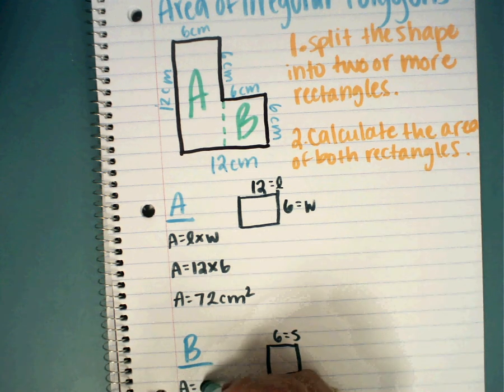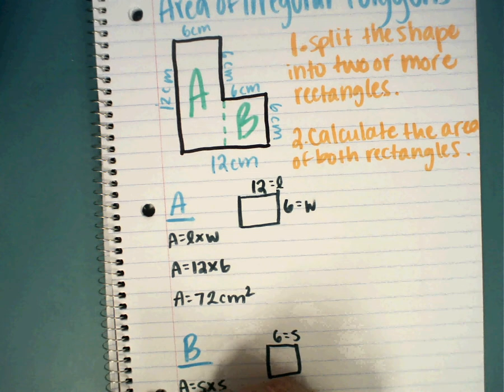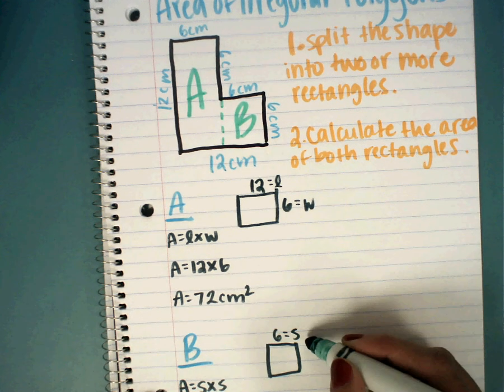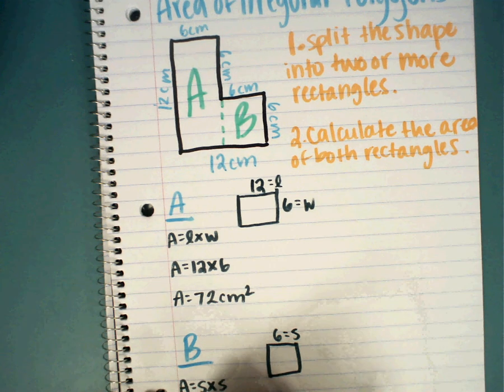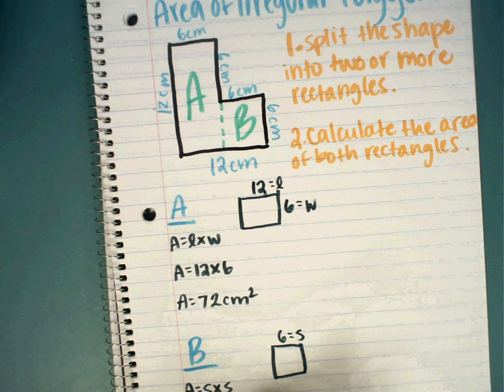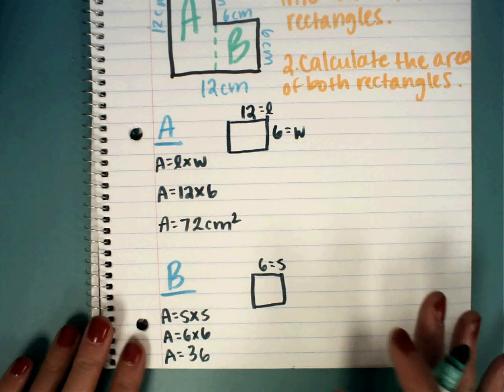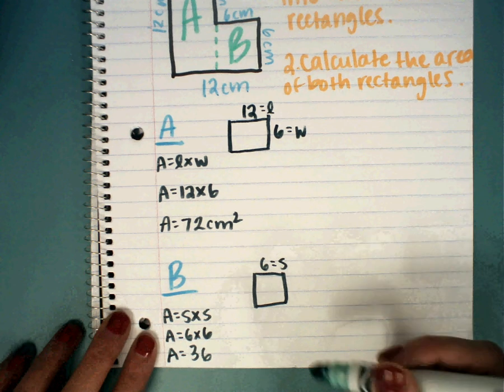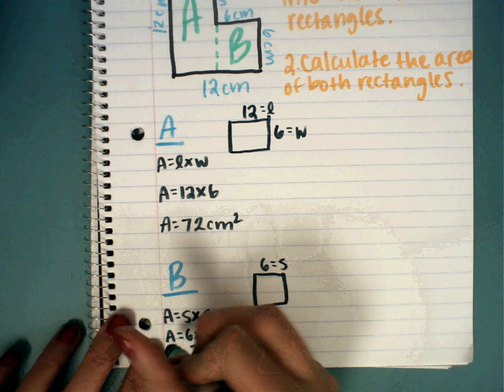So the area would equal, what is the length of a side? 6. So it would be 6 times 6, which equals what? 36. Oh my gosh, I'm so sorry. You couldn't see what I was doing down there. 36 what? Centimeters squared, right?